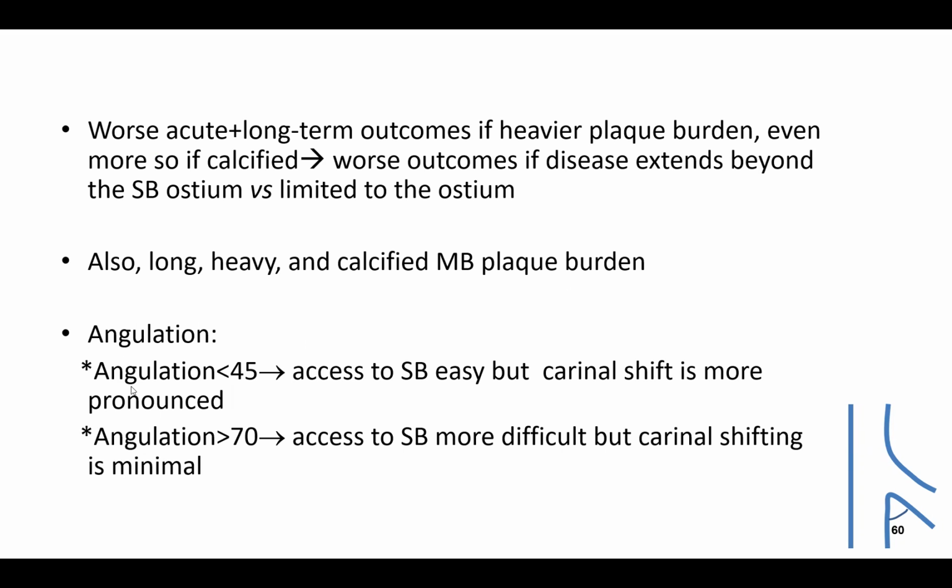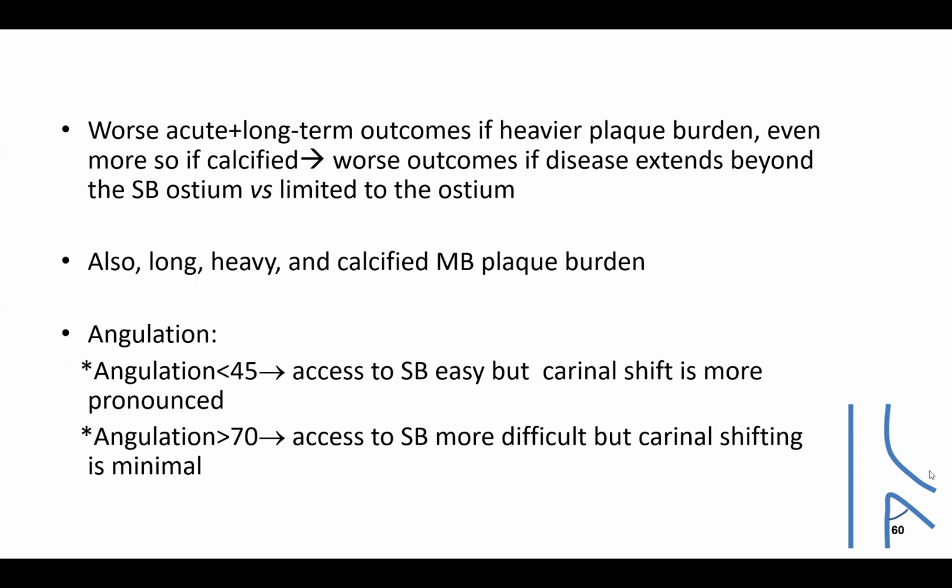I will comment also briefly on the angulation. You don't want the angle of that bifurcation to be too steep, 90 degree. You don't want it to be too shallow either. You don't want it to be 30 degree in general. And why is that? An angle that is too shallow usually implies that it's easier to access the side branch, but you get more carinal shift and therefore higher risk of side branch pinching after main branch stenting.